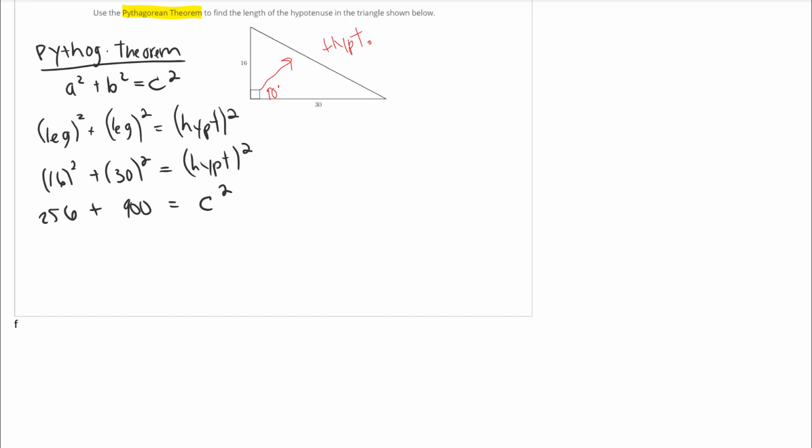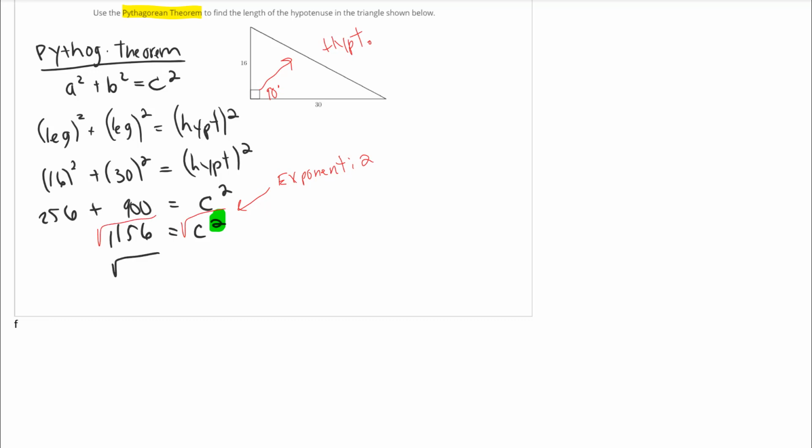So if I add those together, I will get that 1156 is equal to c squared. The only way to get rid of a degree 2, so this is an exponent of 2, so if we're trying to get rid of an exponent of 2, we can square root both sides.